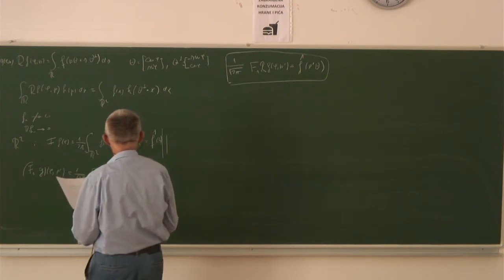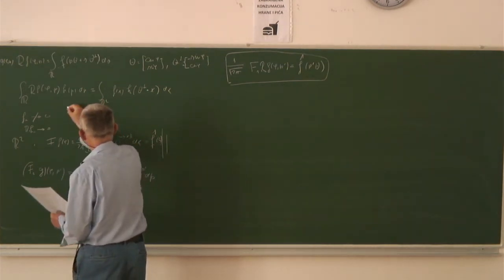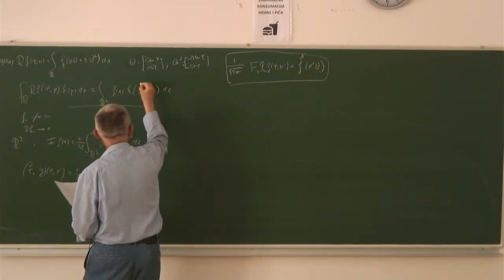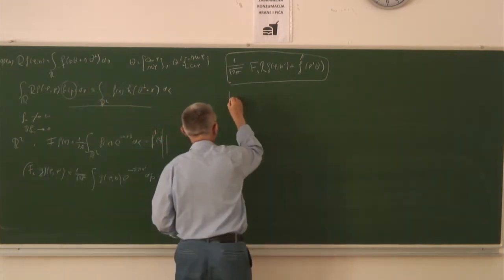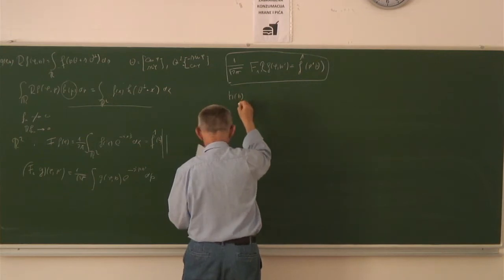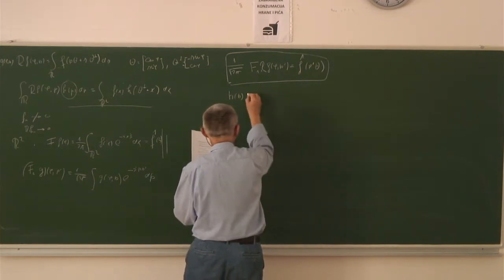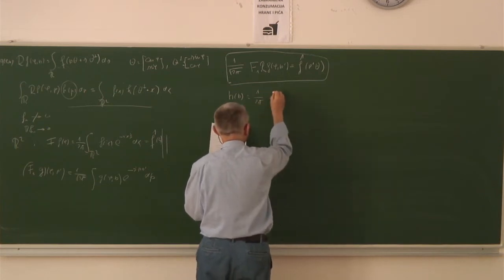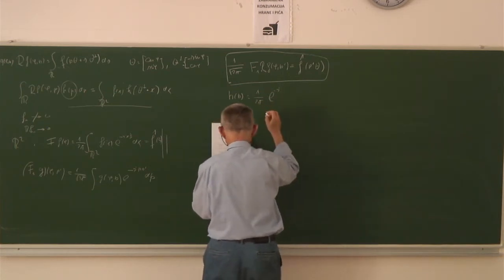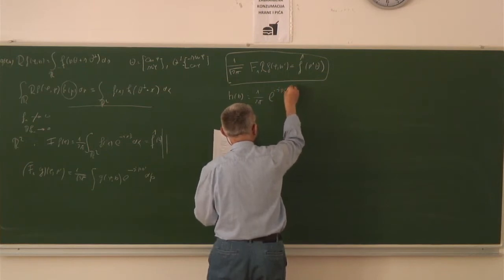So to prove that, I will use this identity and take h of p to be equal to 1 over 2 pi e to the minus i p p prime.